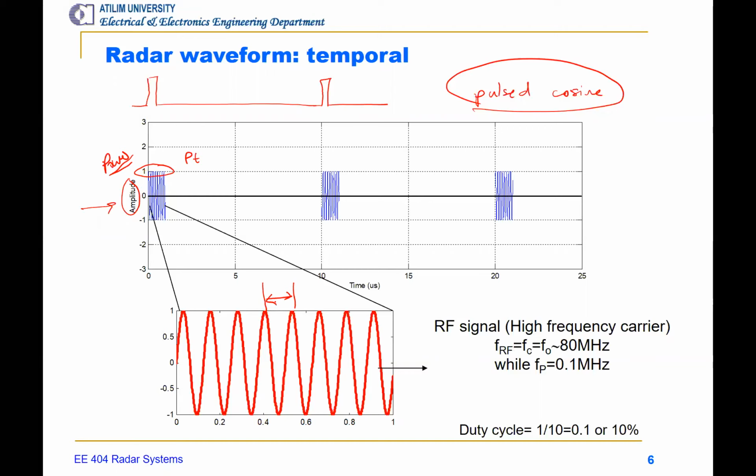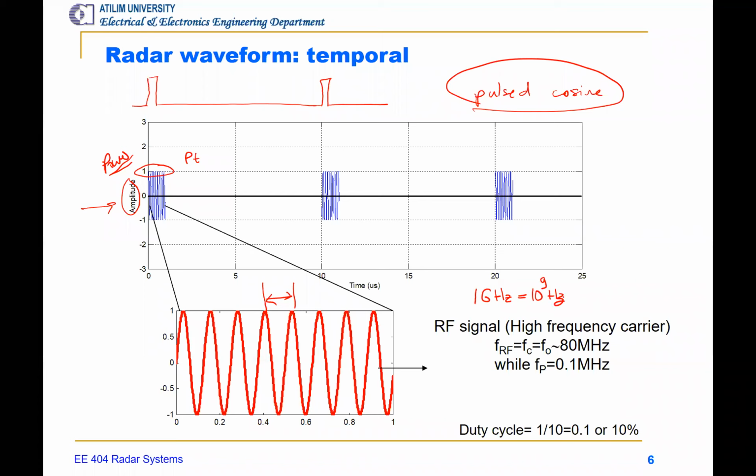Typically the frequency of this cosinusoid is quite high, mostly on the order of gigahertz. So 1 gigahertz means it's equivalent to 10 to the power 9 hertz.